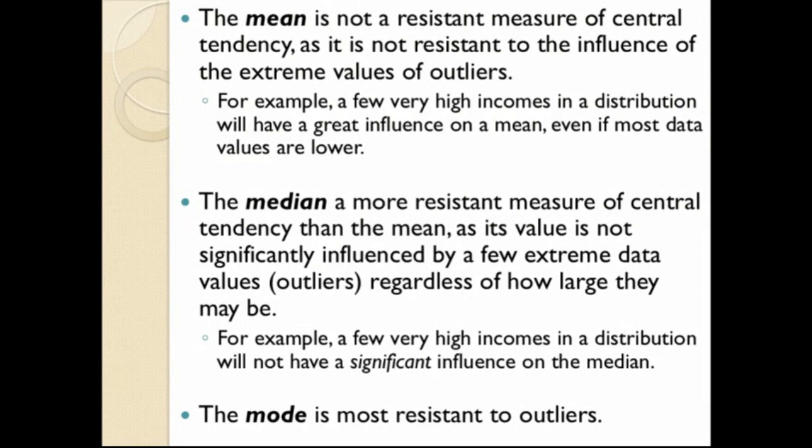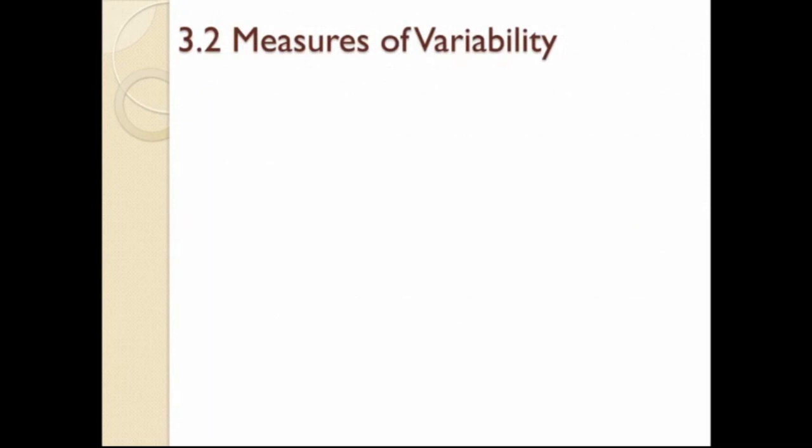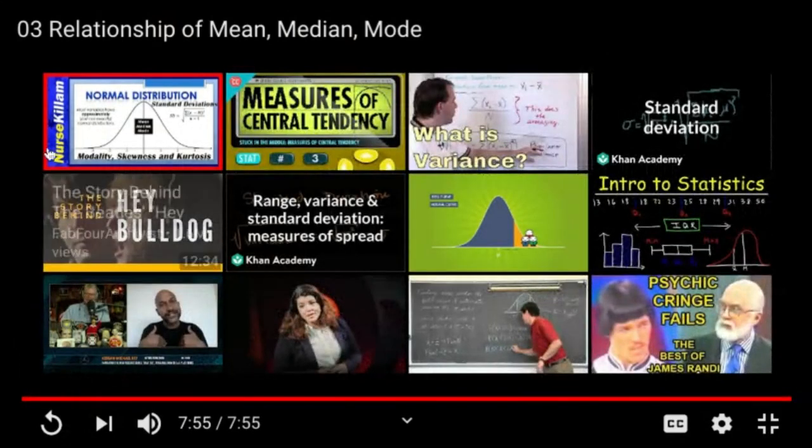And the mode, though, is not really affected by those outliers because the mode is still the point of highest frequency, the number of greatest frequency. And since you only have a few of those extremely high incomes, they are not going to be the mode. Okay, so that was the mean.